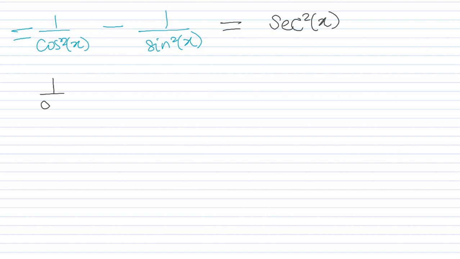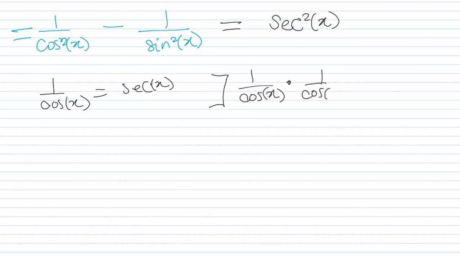Because 1 over cosine x equals secant x, and this time around we have 2 of it. 1 over cosine x multiplied by 1 over cosine x is the same thing as secant x multiplied by secant x. Hence why we have secant squared x.